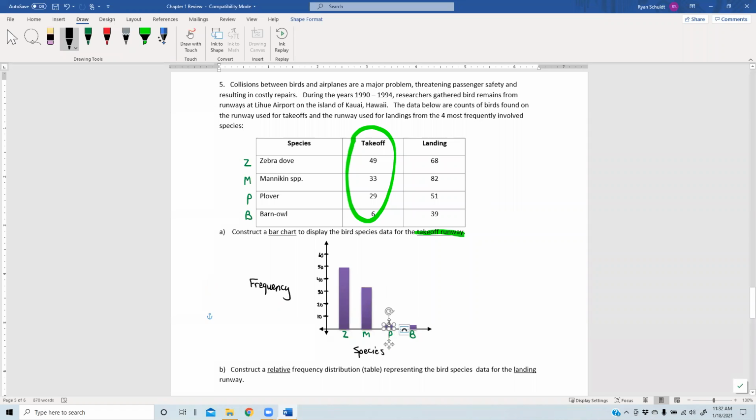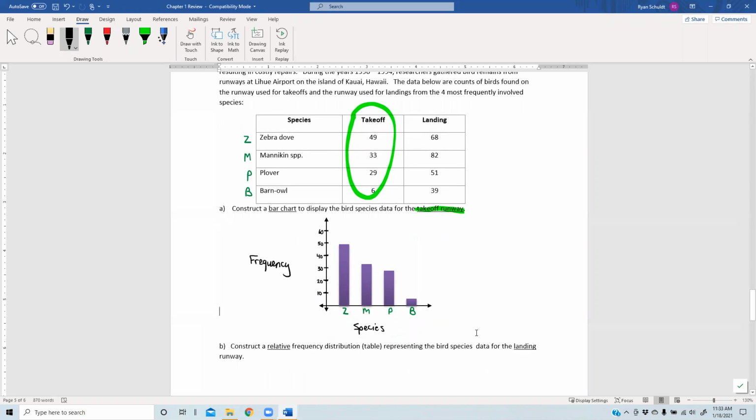Plover is at 29. And then barn owl is at 6. So that's actually not going to be much taller. Okay, so there's our bar chart.